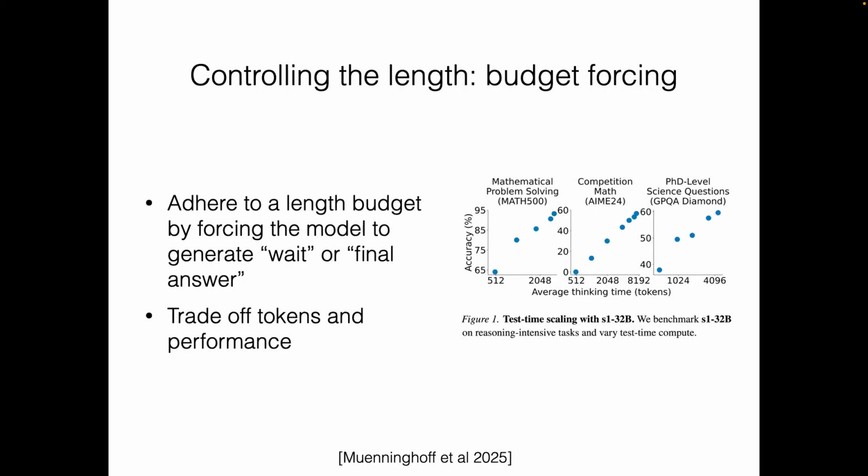Or let's say that it's about to answer, then you can just put in a token that says "wait," and the model will just keep generating longer. So they're able to do this trick, they call it budget forcing, and they're able to control the thinking time or number of tokens that are generated. And you could see that at least here, this corresponds to trading off the accuracy.